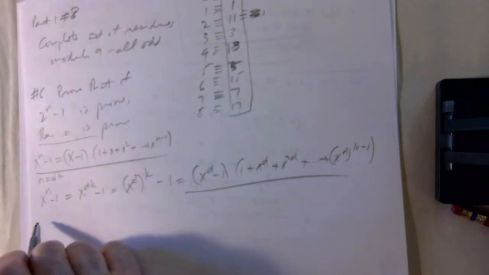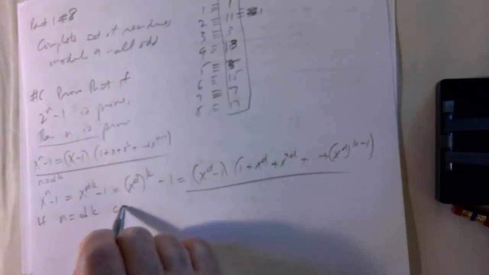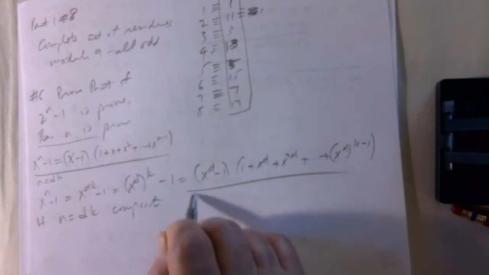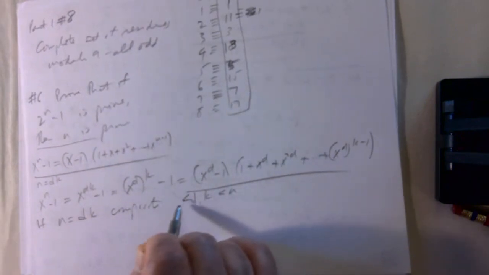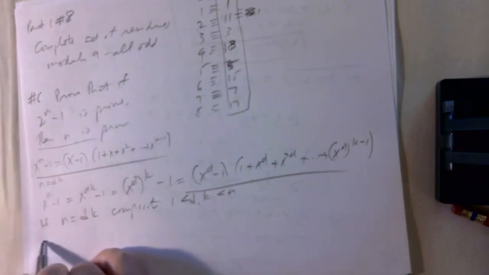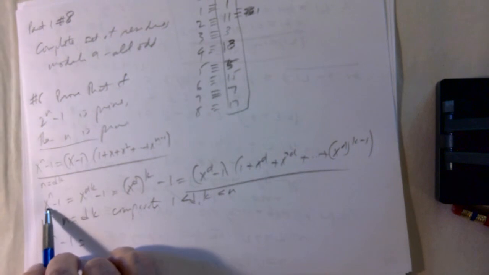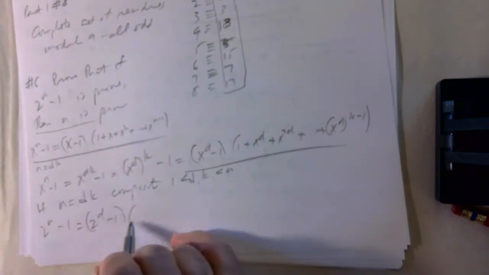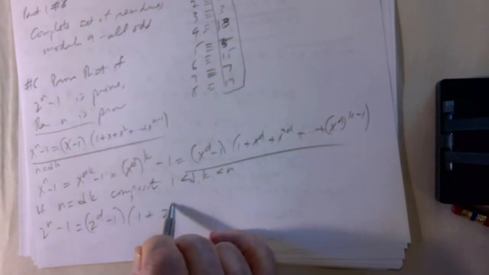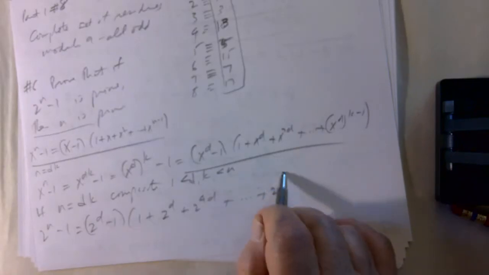So if n is a composite number, so d and k are both strictly less than n and strictly bigger than 1, then 2 to the n minus 1 would be, I'm just plugging in x equal 2, 2 to the d minus 1 times 1 plus 2 to the d plus 2 to the 2d up to 2 to the k minus 1 times d.